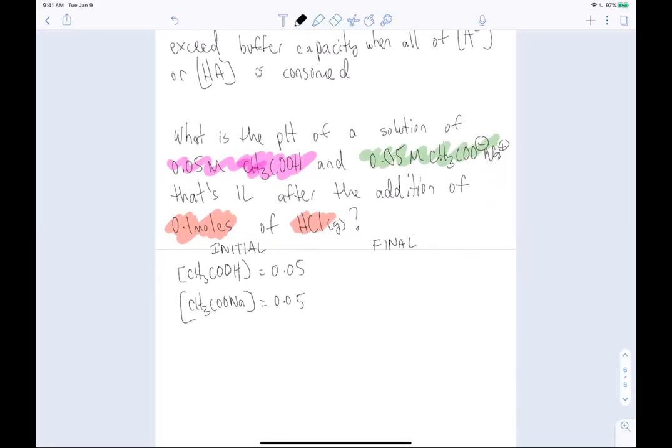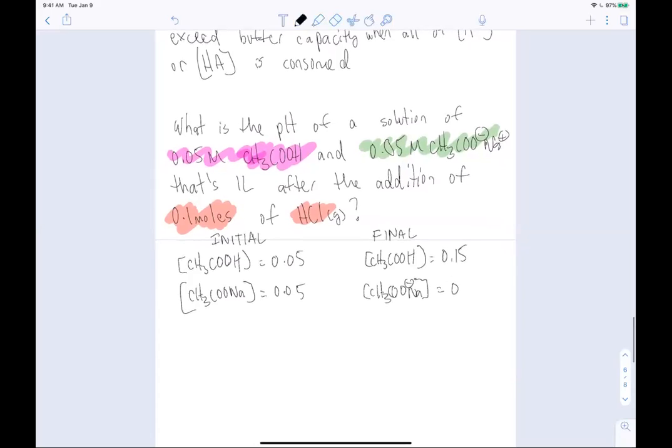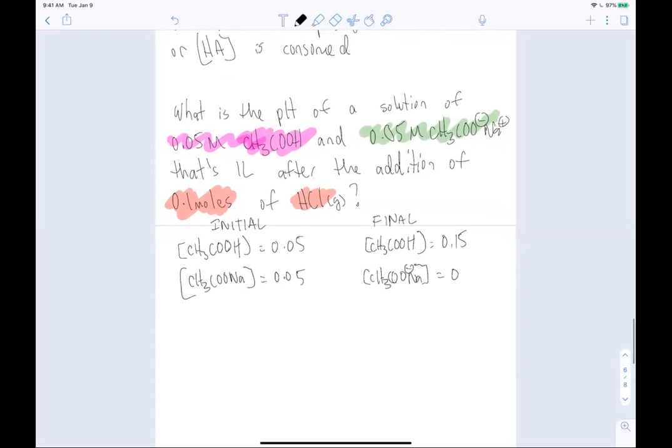At the end of the neutralization reaction, the final concentration is going to be 0.05 plus the 0.1 moles of HCl that I added, so it's going to be 0.15 molar. And then how much base are we going to have left over? That's just going to be equal to 0. This falls right out of the neutralization reaction.